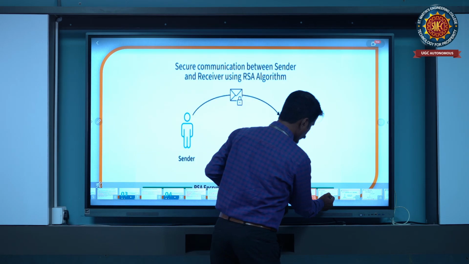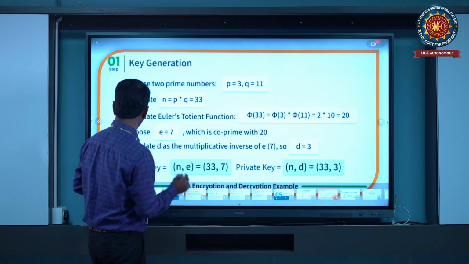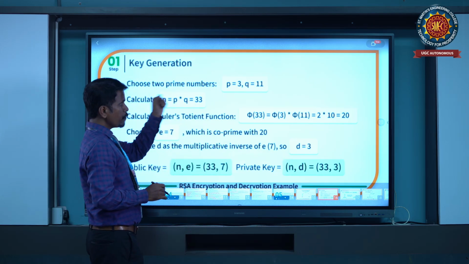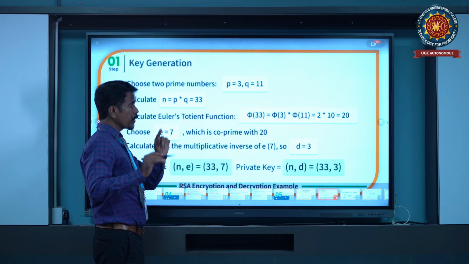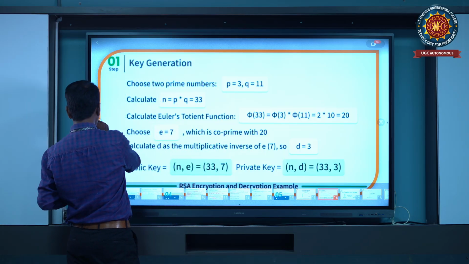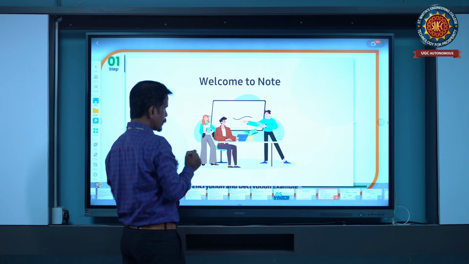Here I have given an example. How do we solve it? I have taken the smallest prime numbers for your understanding, the p value and q value.